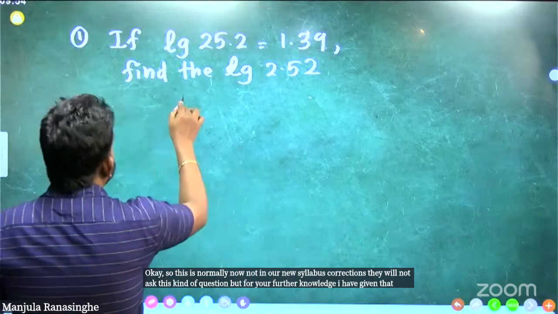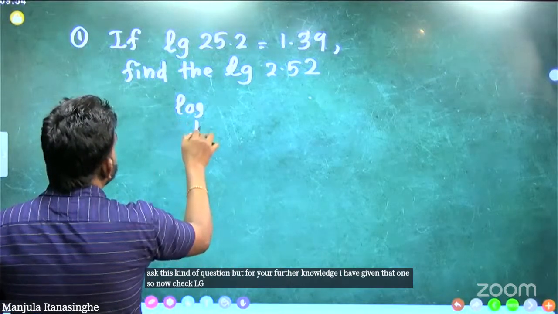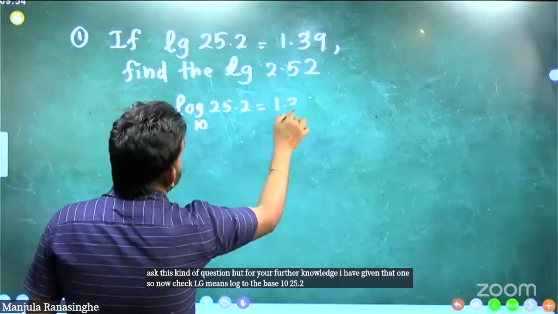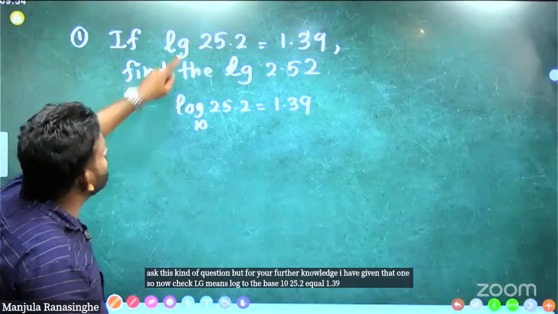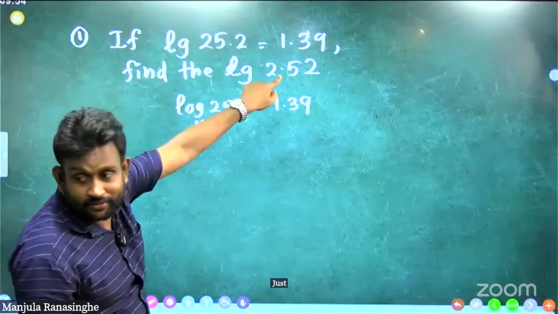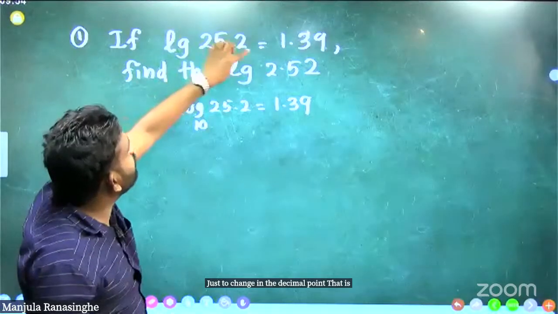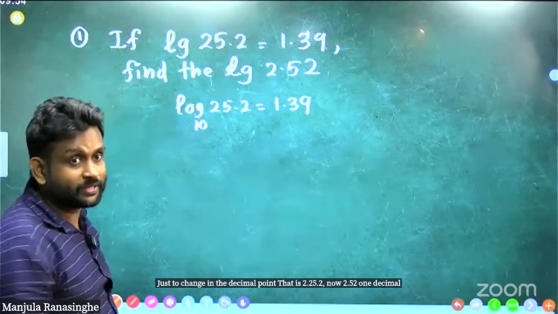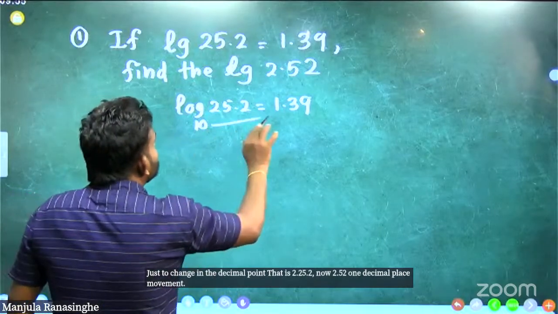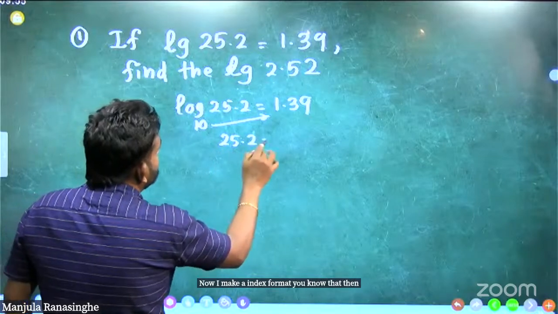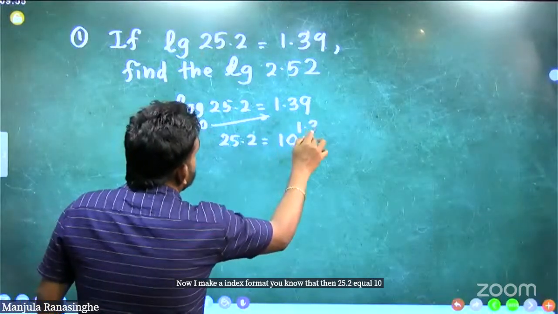Now check, lg means log to the base 10, and lg 25.2 equals 1.39. But here they are asking something similar, just a change in the decimal point, from 25.2 to 2.52, one decimal place movement. Now I make an index format. Then 25.2 equals 10 to the power 1.39.